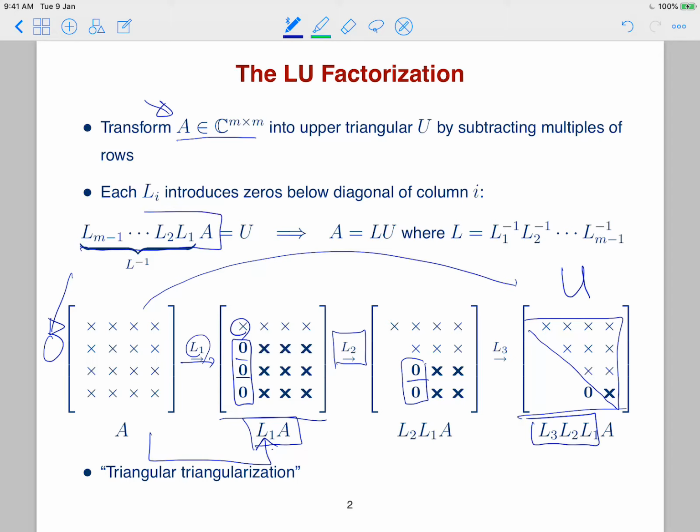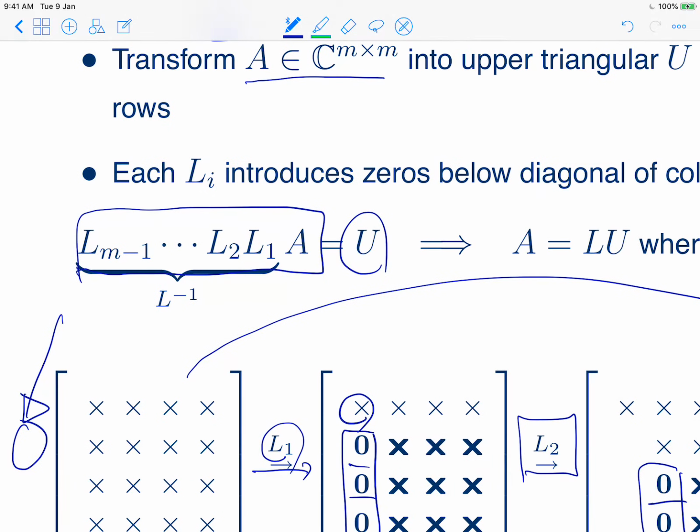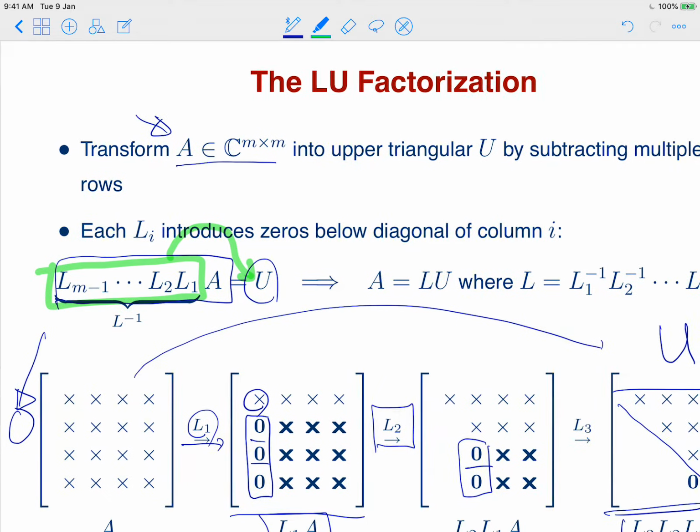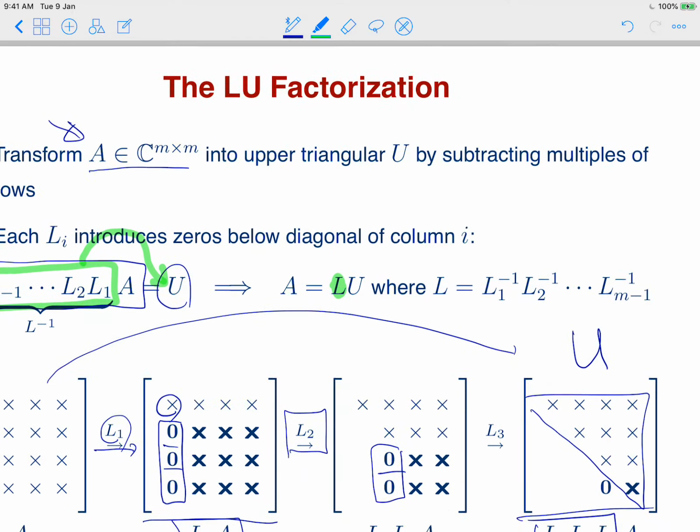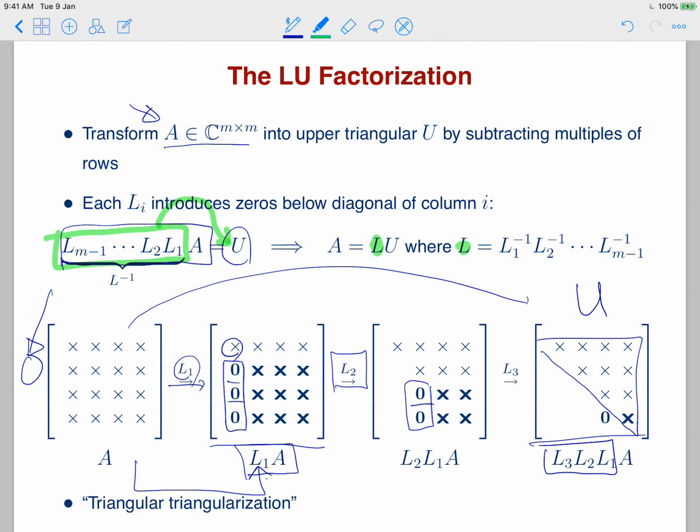Once finishing this process, we end up with the upper triangular matrix, and this whole part will also be a lower triangular matrix. In order to move it to the right hand side, that corresponds to this L, where L is the inverse of the product of these matrices that we used to make the matrix A into upper triangular.